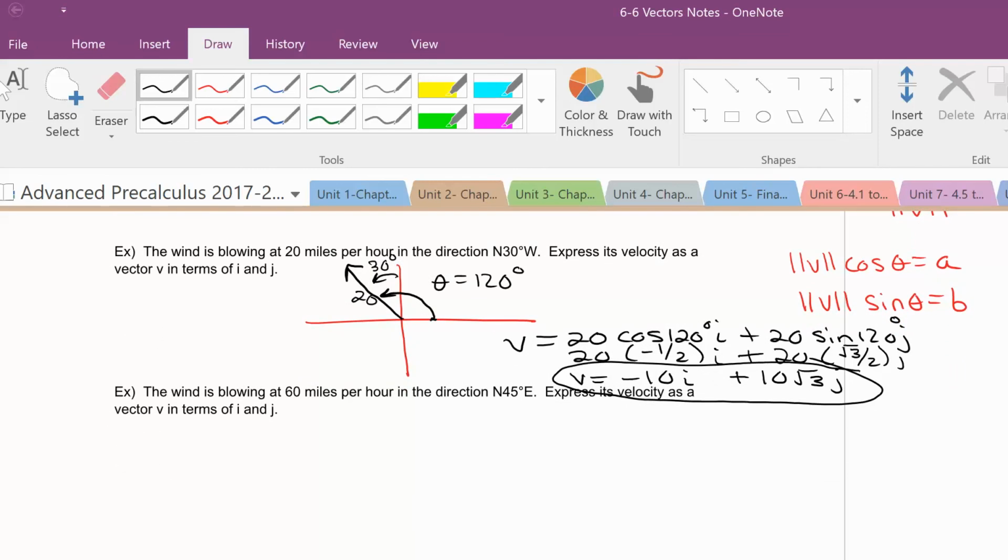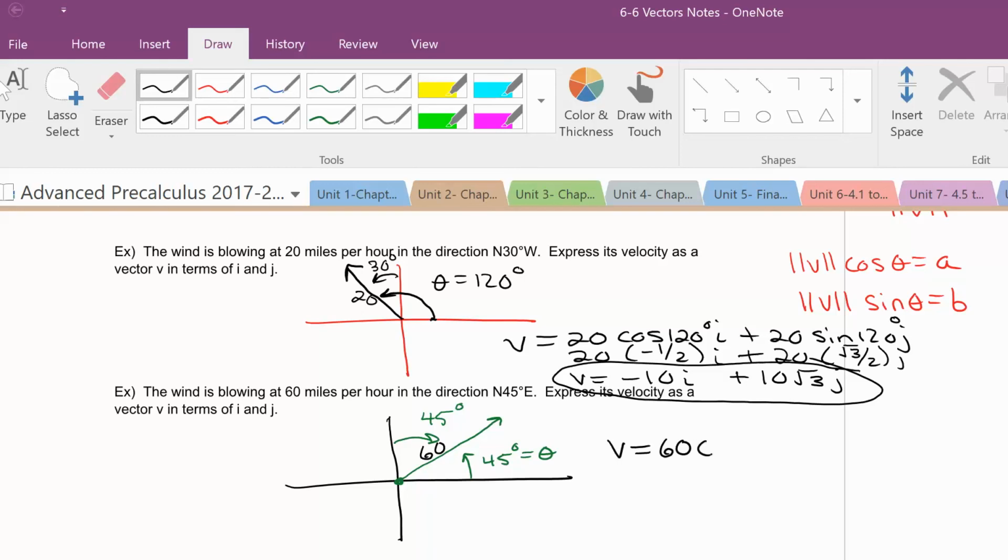So another one. Here it's blowing north 45 degrees east, so it's 45 degrees that way, which means that it's also going to be 45 degrees for theta. The wind is 60 miles per hour, so the magnitude of the vector is 60. So our vector, we're going to say, is 60 cosine 45 i plus 60 sine 45 j.